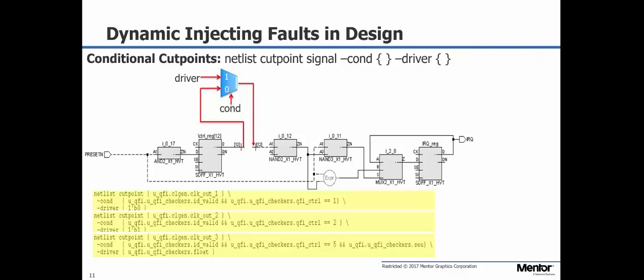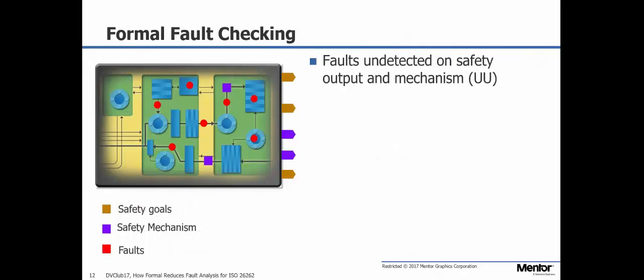The question you are interested in is: are there faults that are undetected on the safety output and in the mechanism? This is what we call the UU case.